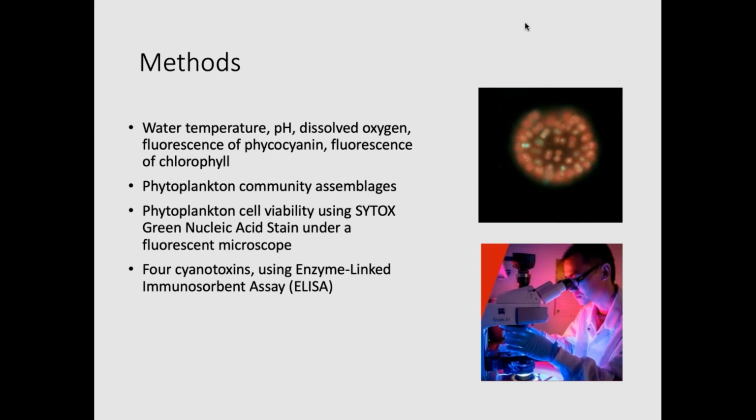As you can see in the picture on the slide, the cell will show the color red or green to indicate the viability. Additionally, for cyanotoxins, microcystin, cylindrospermopsin, endotoxin, and saxitoxin were quantified using the ELISA method. Today, I will be talking about phytoplankton community changes as a result of the copper sulfate treatment.